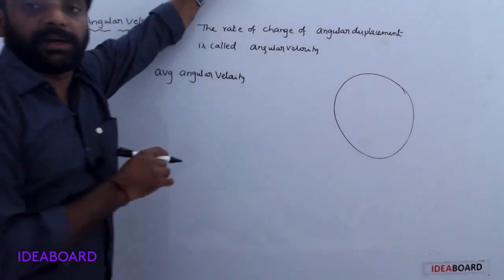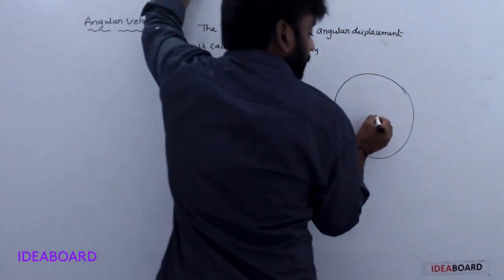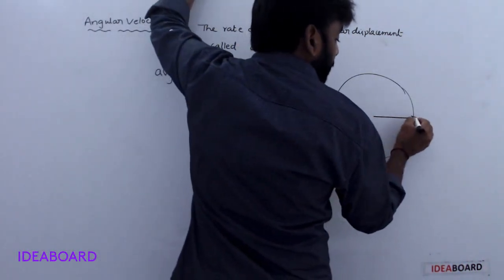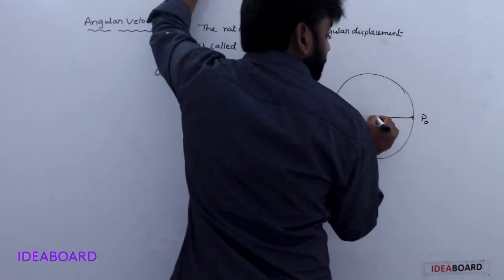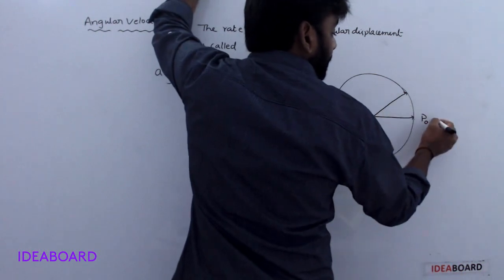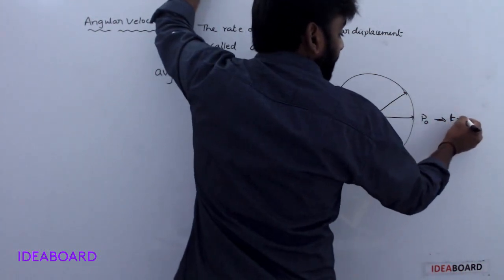See, a particle rotates in a circular path. It is the initial position P naught, at time t equal to 0.